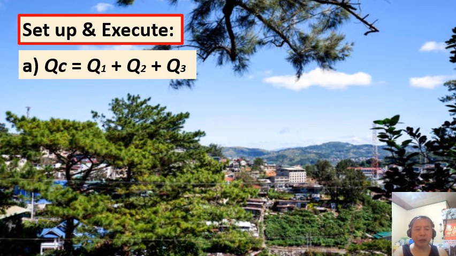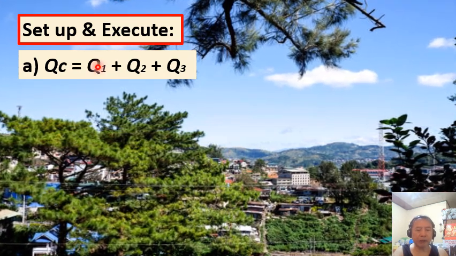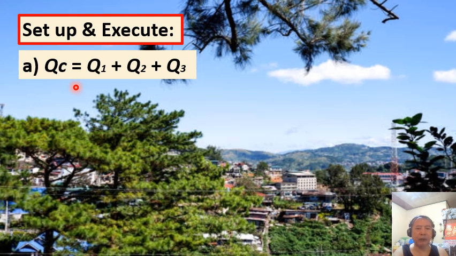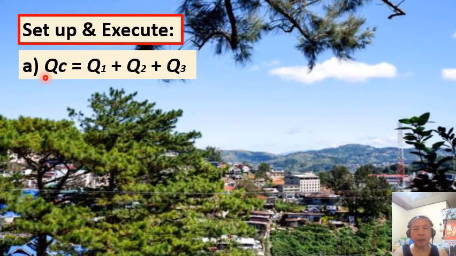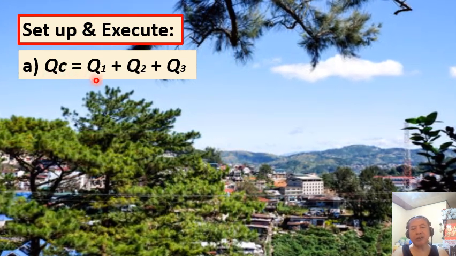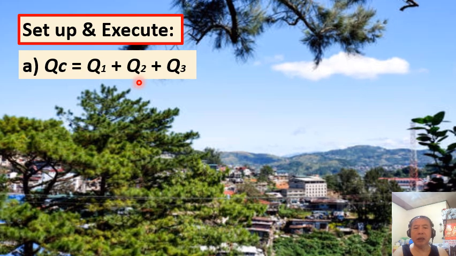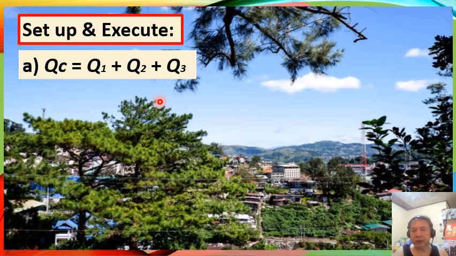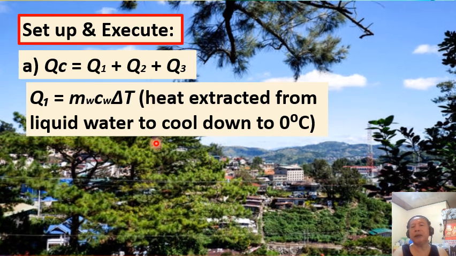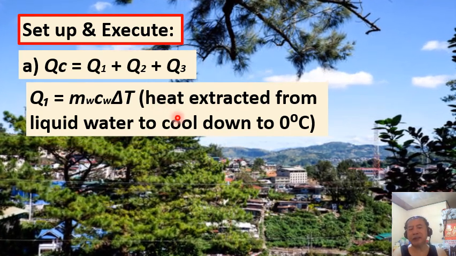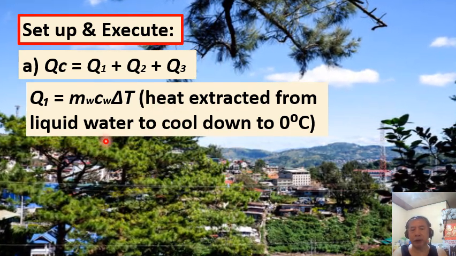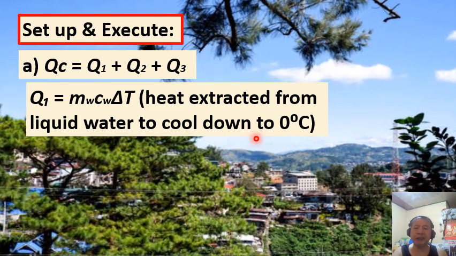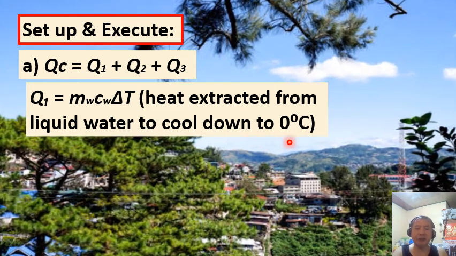Moving on to our computations, in part A, we find the amount of heat that is extracted from the cold reservoir, capital Q sub C, and it's just equal to the sum of Q1 plus Q2 plus Q3. Starting with Q1, which we define here as the amount of heat extracted from the liquid water to cool it down from 25.0 degrees to 0 degrees Celsius.